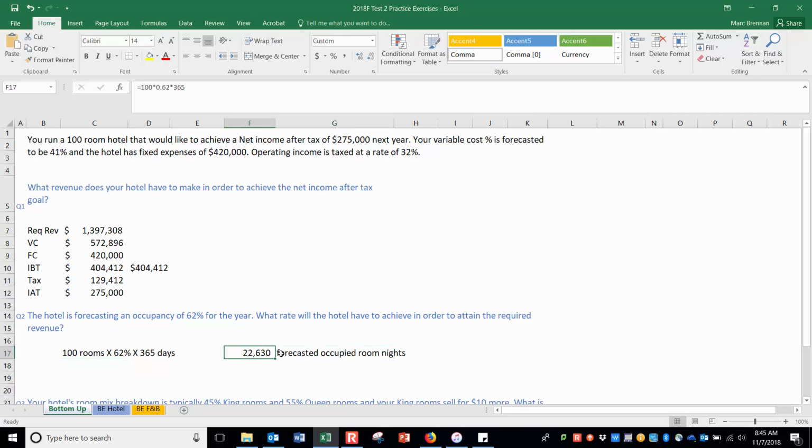Because we needed to find out our forecasted occupied room nights before we could even get to finding out what rate we need. So now we need to divide our required revenue, $1,397,308, okay, which is our required revenue, by how many occupied room nights we're forecasting to have.